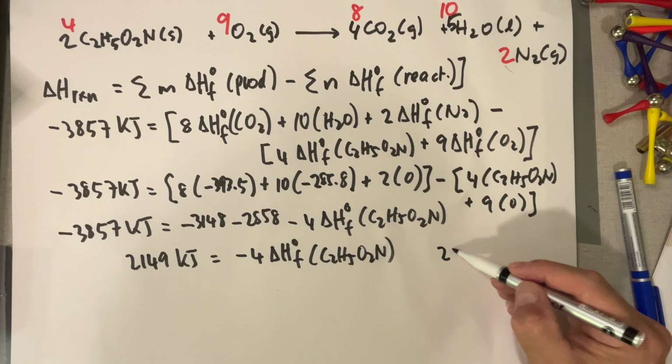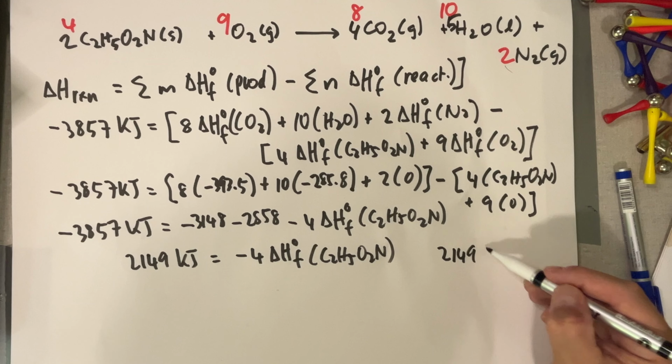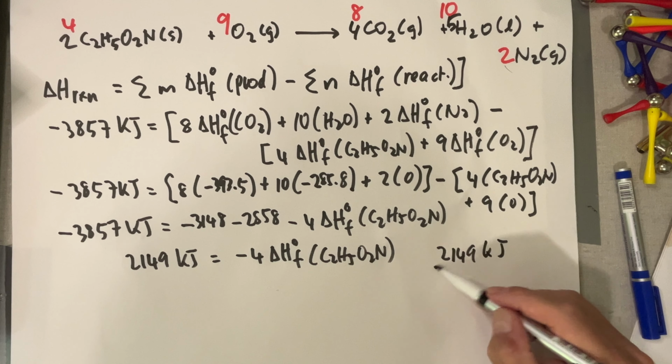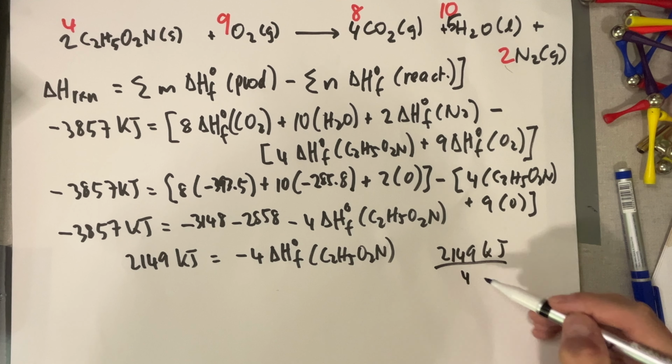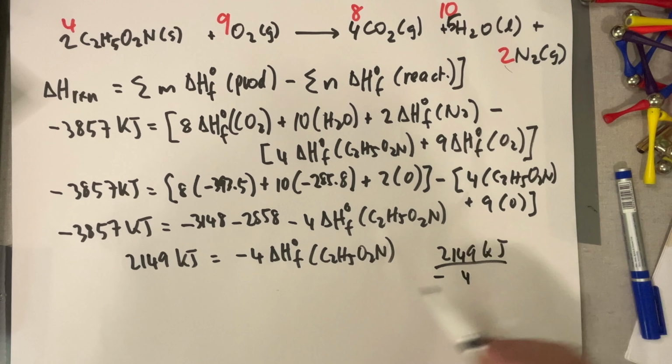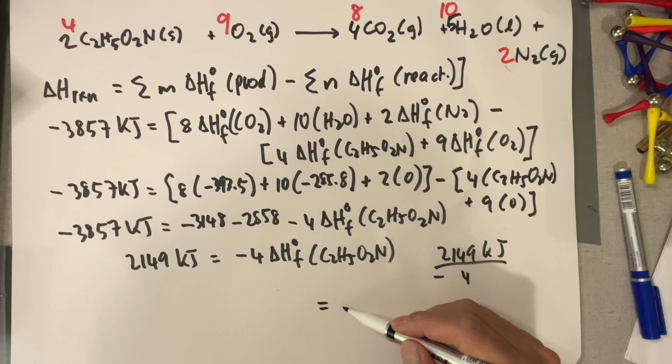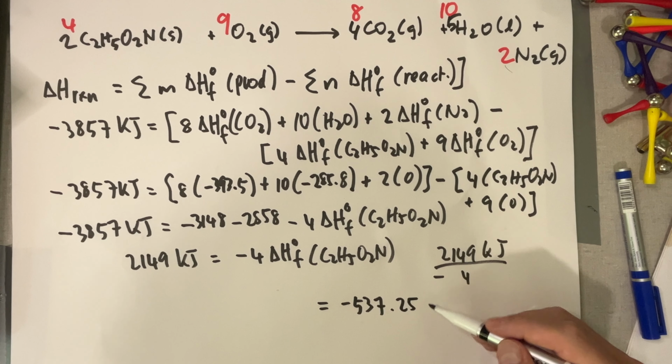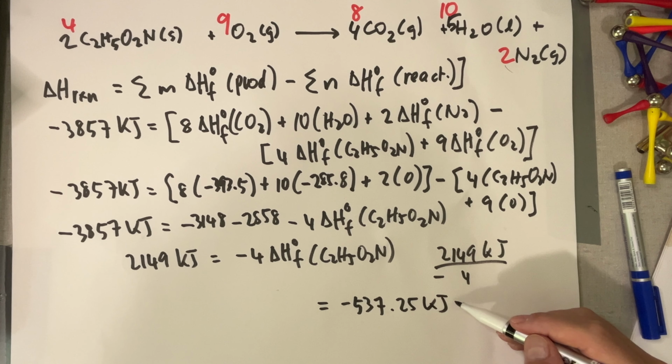So 2149 kilojoule divided by 4 negative, that is equal to negative 537.25 kilojoules per mole.